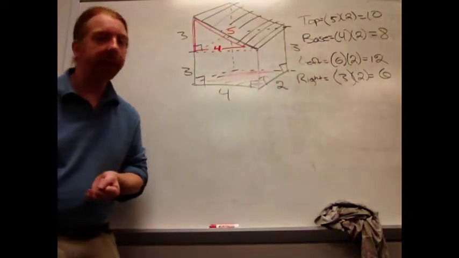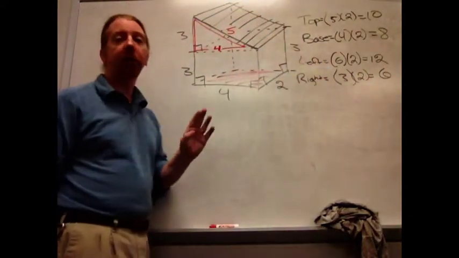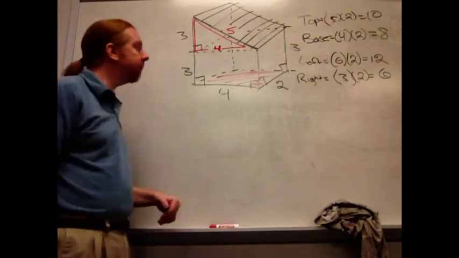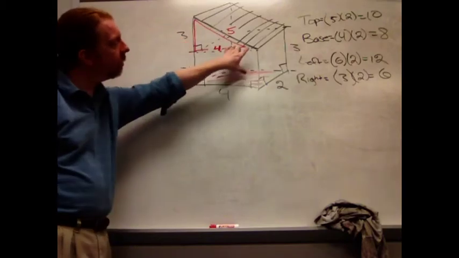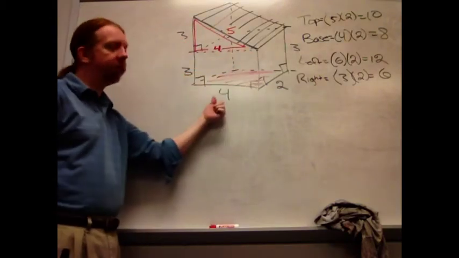And so there's that area. Now I've got to deal with my front and my back. The front piece is 6 units, 3 units, 4 units in height.